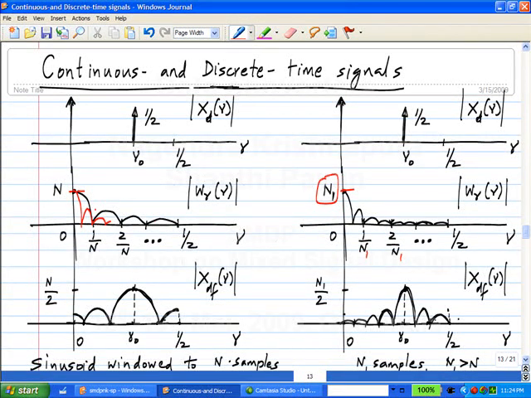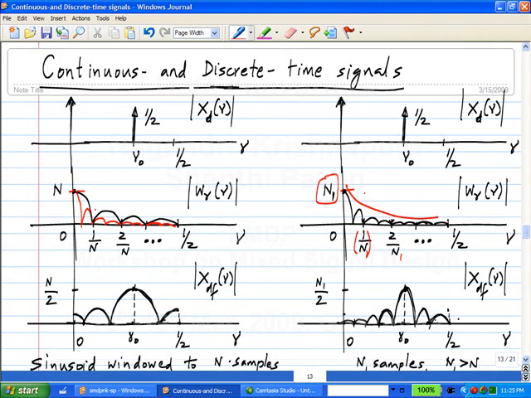The fourth one will be the height of this. So if you normalize it, you can see that the leakage is smaller if you take more points. Is this part okay? And this simply comes because the nulls are more closely spaced, and then you will have more of these lobes as you go further out.